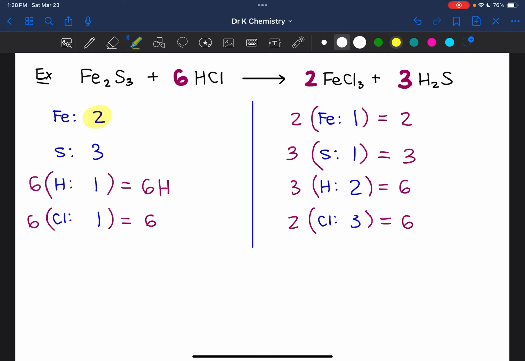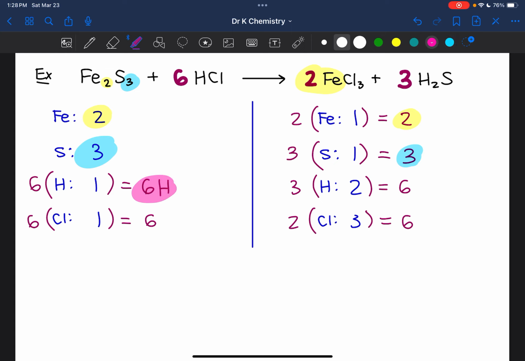And now I'm going to go back and check if everything checks out here. So 2 irons on the left, 2 irons on the right, 3 sulfurs on the left, and 3 sulfurs on the right. So 3 times 1, that checks out.